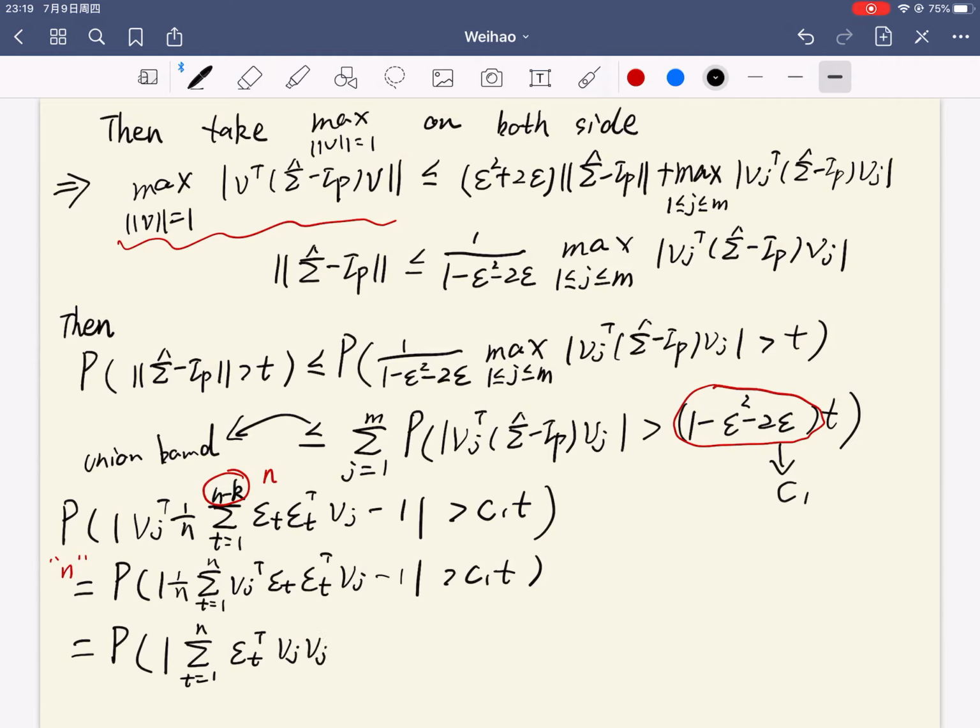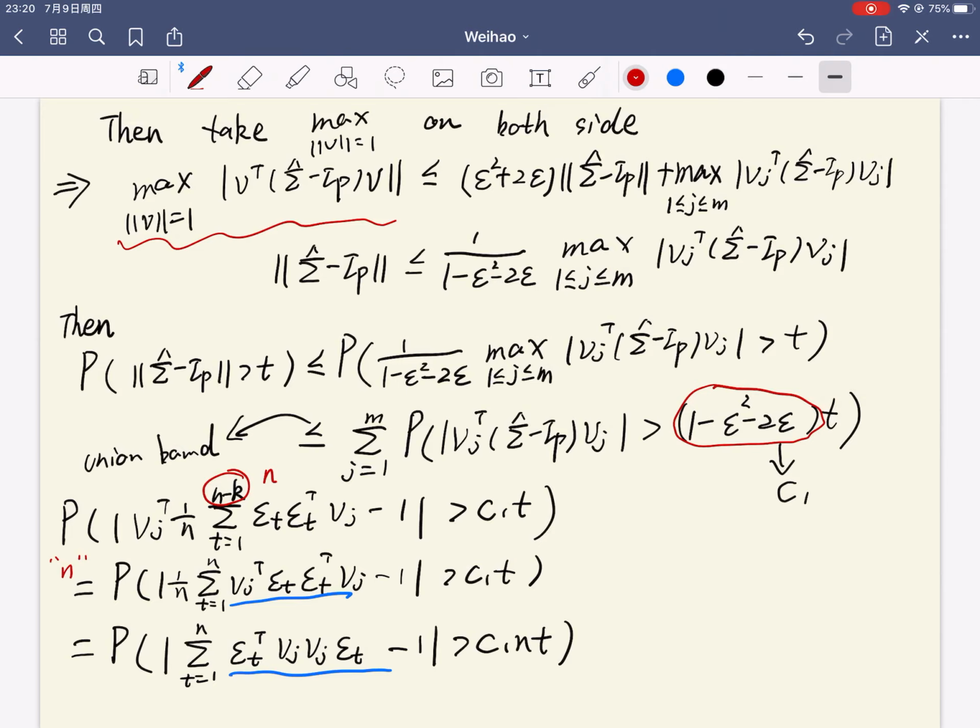We rewrite this term as the following term. The reason why we write it this way is because now we have the quadratic form for the random vector, and each entry of the random vector satisfies the sub-Gaussian condition.